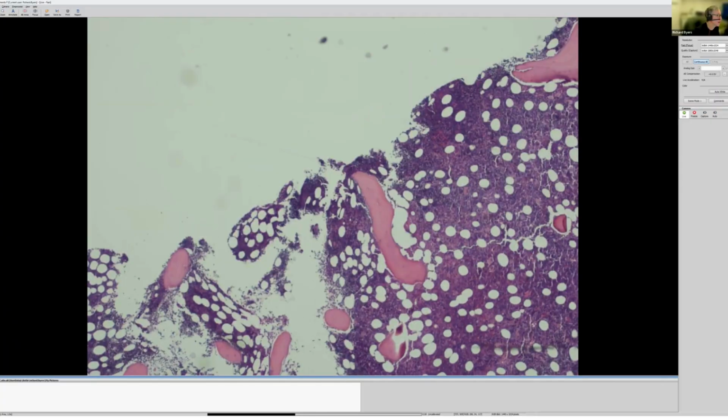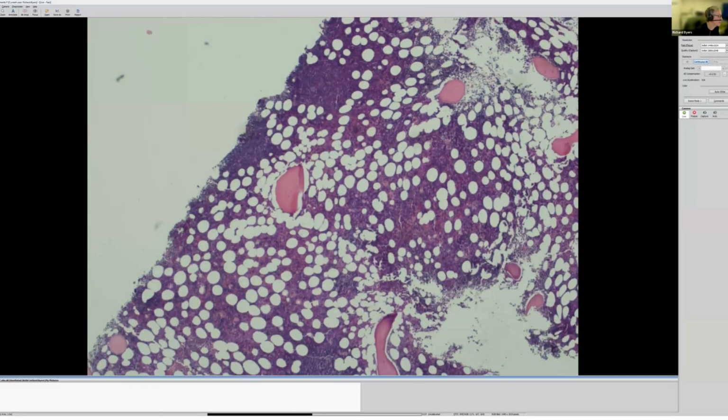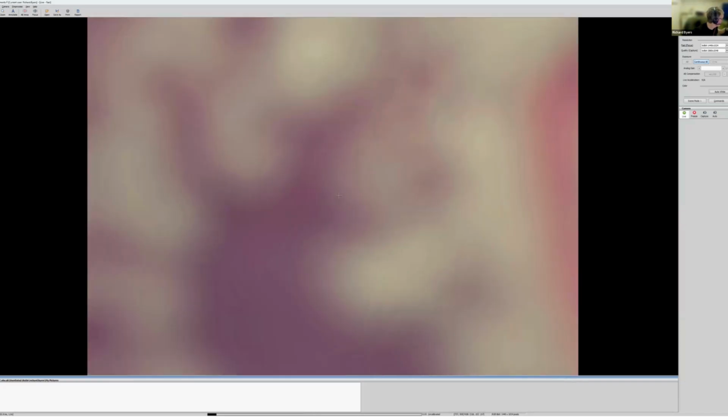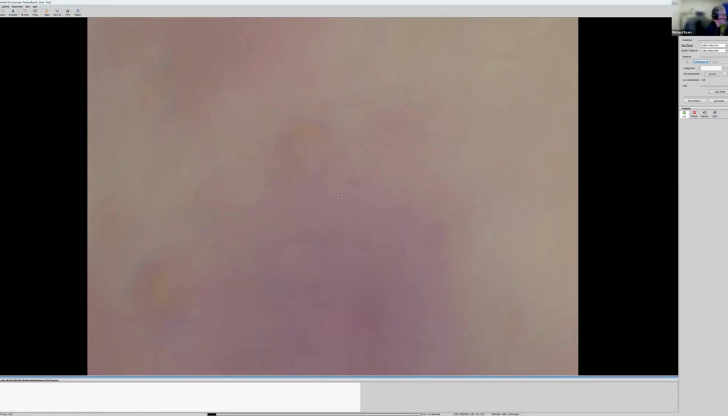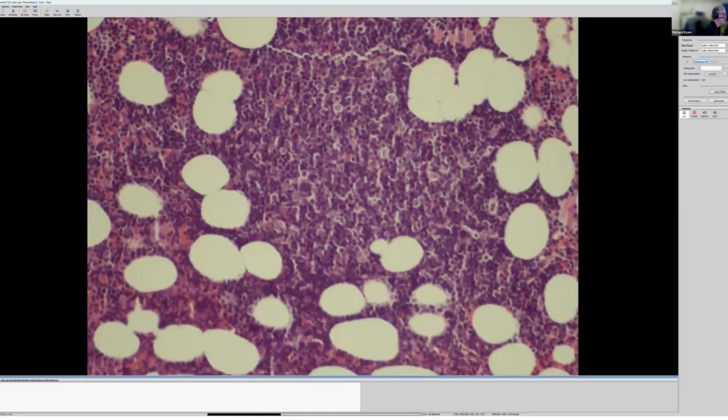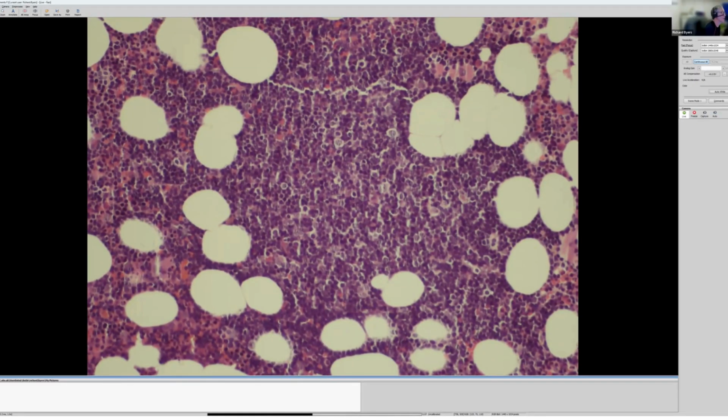Now, if we look at one of those areas in detail, say, for instance, this one, we can see what the cells are like in the area. All right. So what we've got, that's a really interesting case.